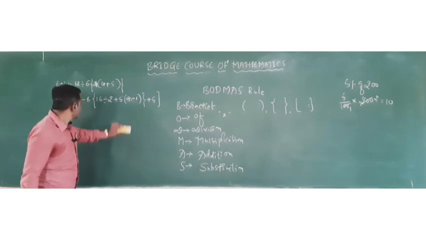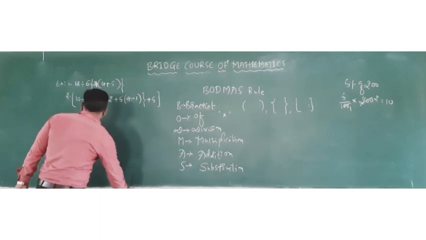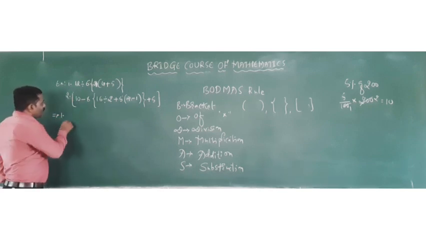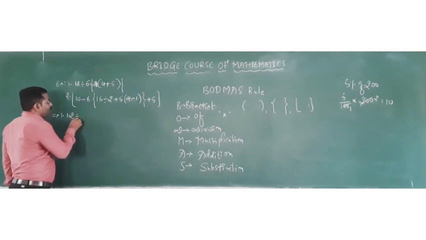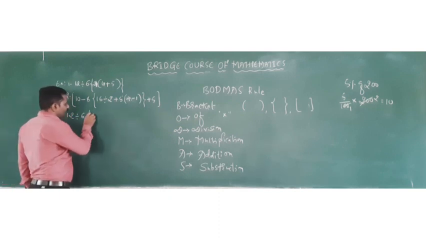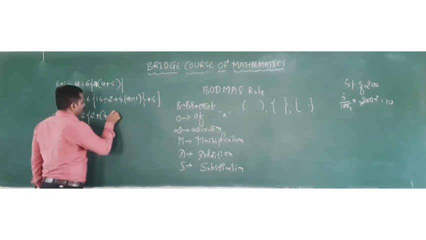Okay, so the first one: 12 divided by 6 of flower bracket 2 plus round bracket 4 plus 5.